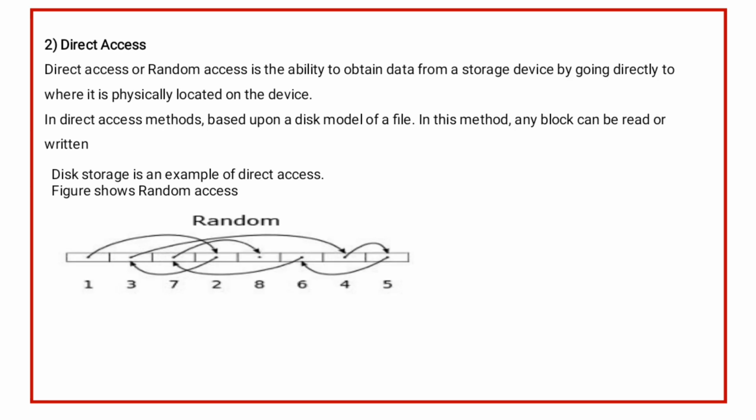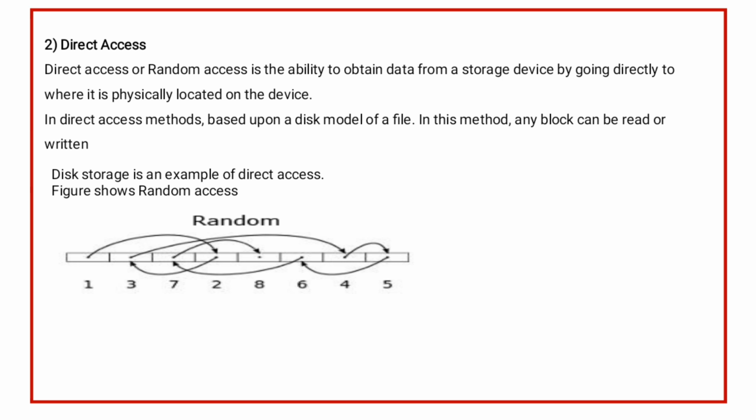Next method is direct access. Direct access or random access is the ability to obtain data from a storage device by going directly to where it is physically located on the device. Direct access methods are based upon a disk model of a file. In this method, any block can be read or written.